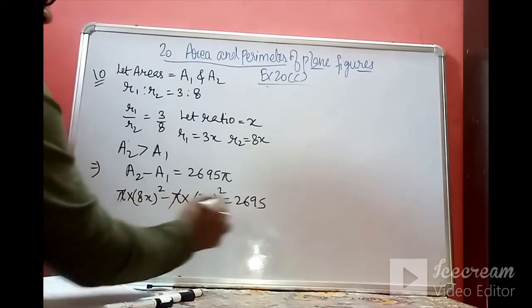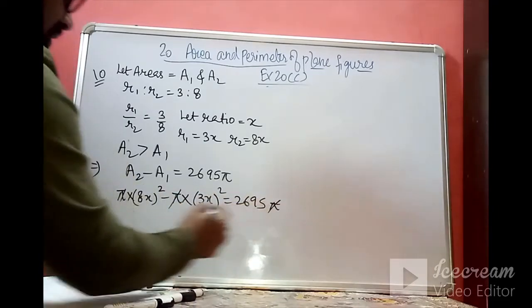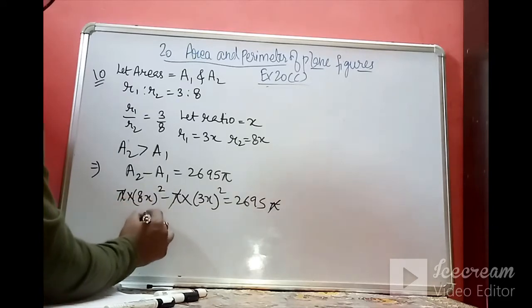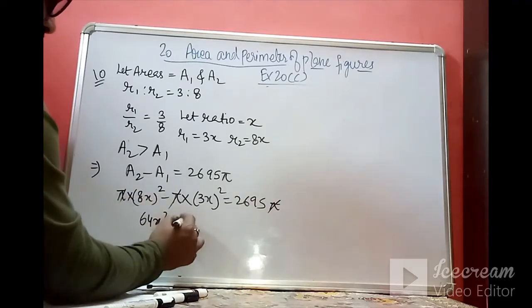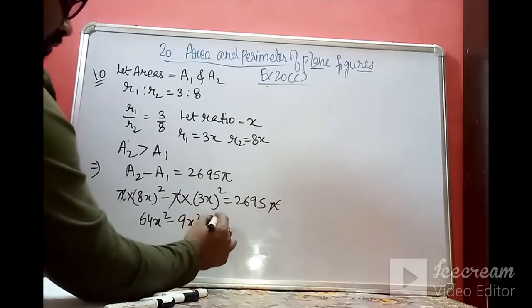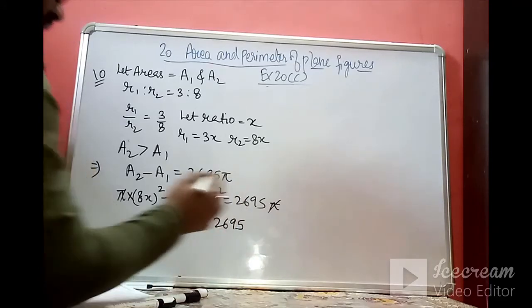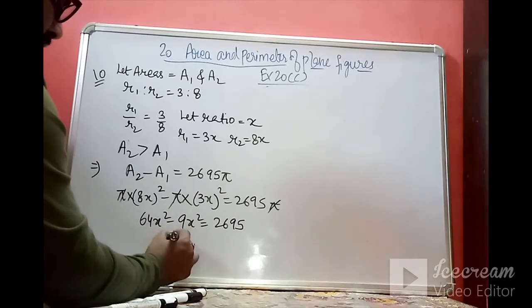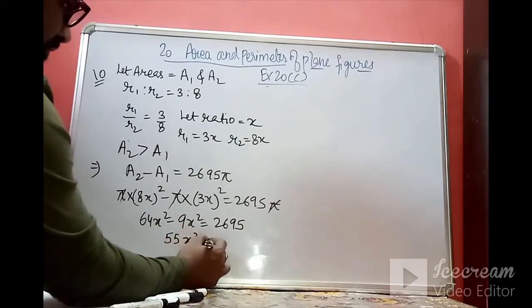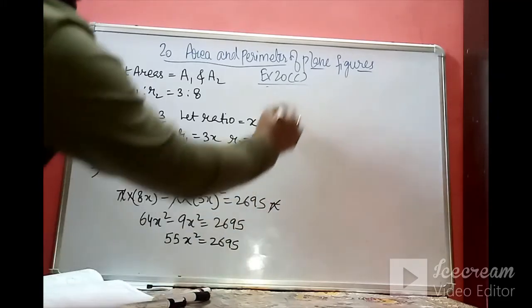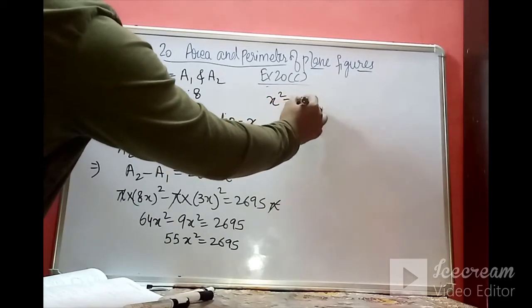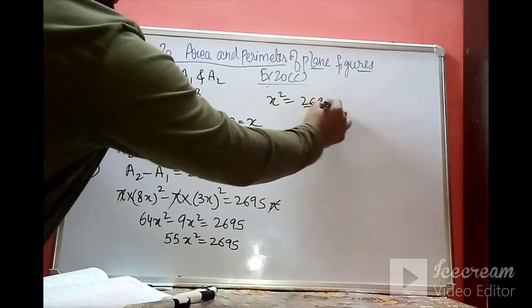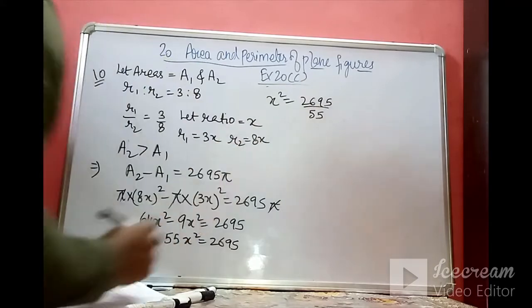So this pi and pi will cancel. We get 64x square minus 9x square equal to 2695. So that will give you 55x square, 2695 like this. So what will be x square? 2695 upon 55.